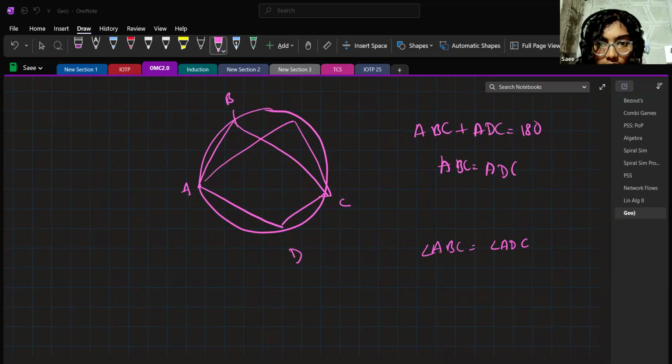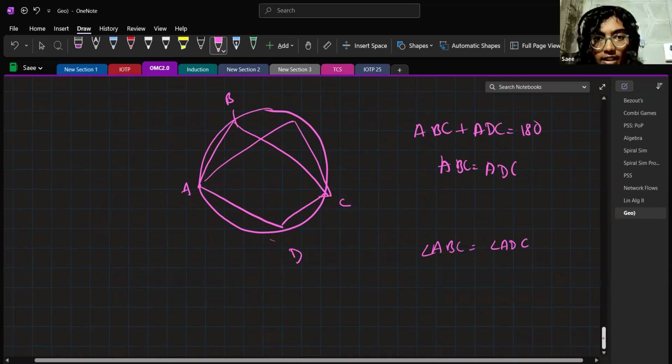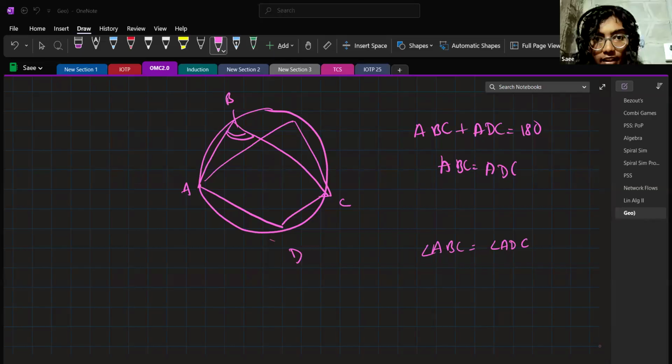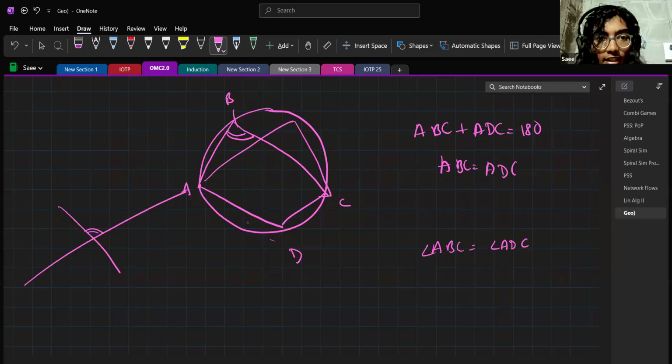And so how does this work? Basically, we define angle ABC as this angle, and we define angle ADC in some way as, so whenever we have two lines, there are two angles to consider, right? One is this one, the other is this one.